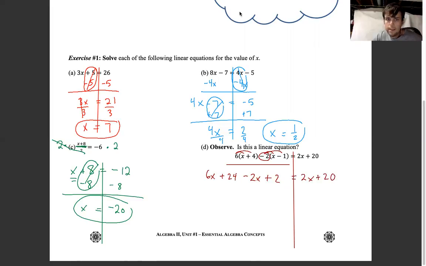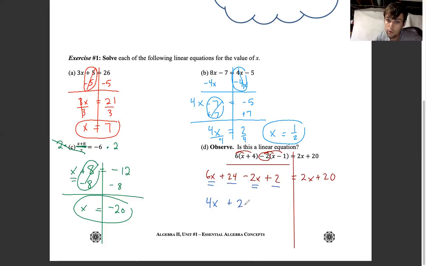I'm not quite done simplifying the left-hand side yet, because there are some like terms here that we can put together. So we have 6x and a negative 2x. Those can go together to be 4x. Positive 6 and negative 2 will go together to be 4. And then we have 24 and 2.